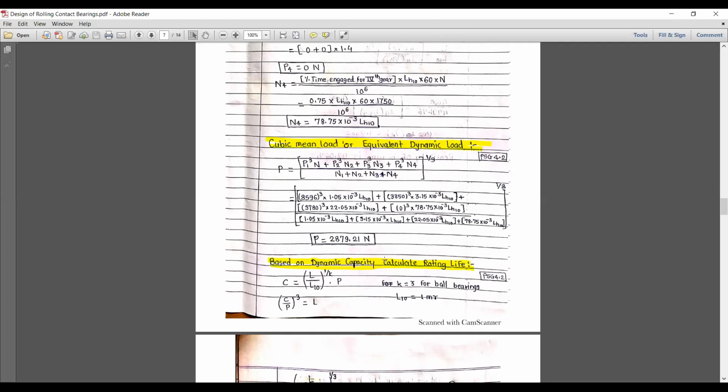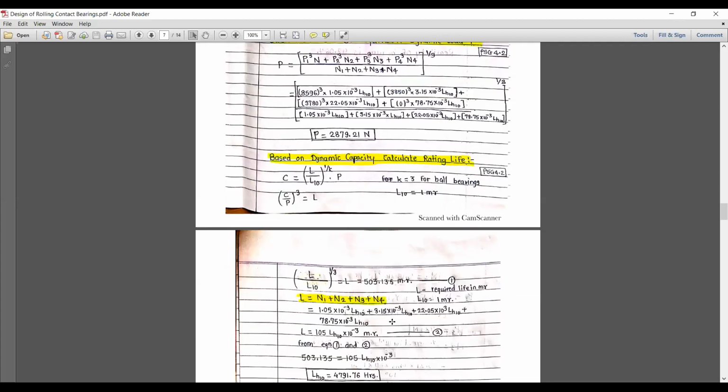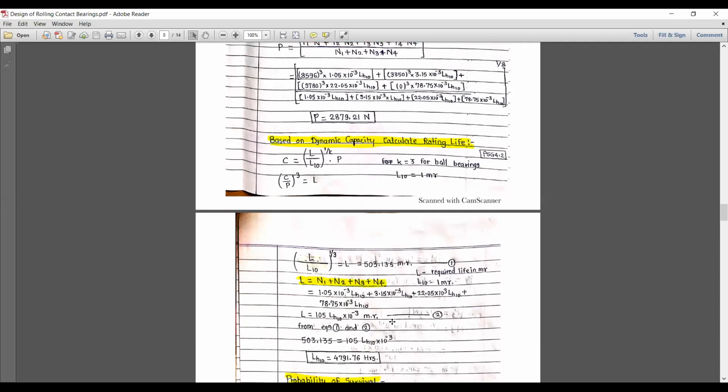Now next one, we need to calculate the dynamic capacity. Based on the equivalent load and the dynamic capacity of bearing, we need to find out the rating life. We need to find out rating life for 90% probability of survival. ठीक है, तो उसके लिए हम लोग कौन सा इक्वेशन यूज करेंगे?